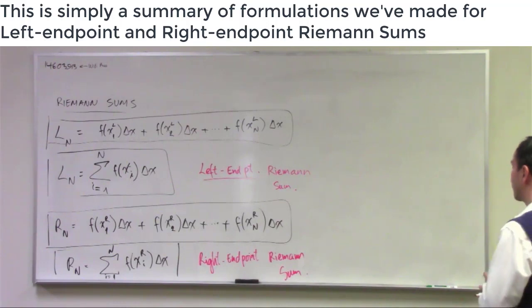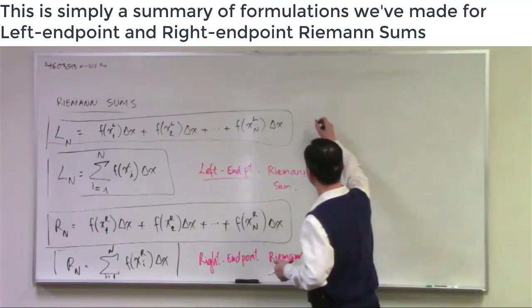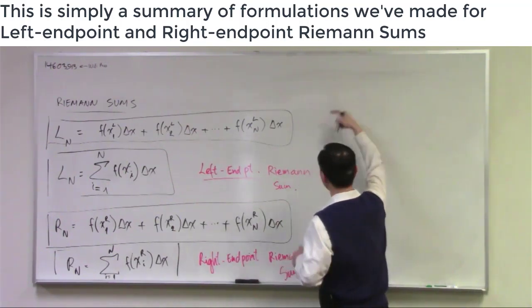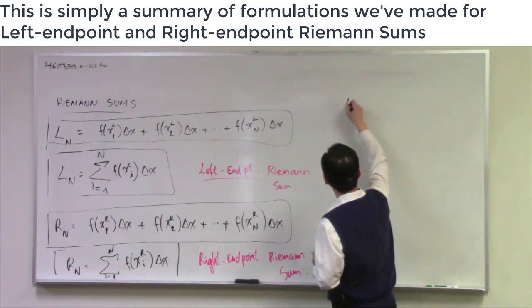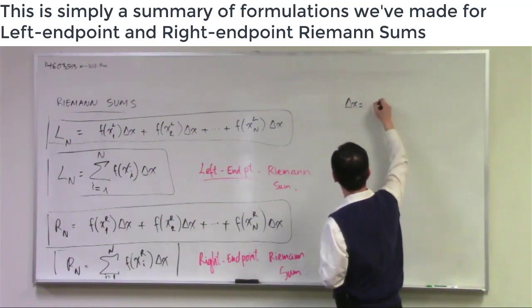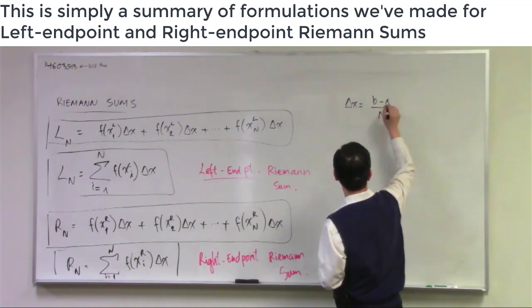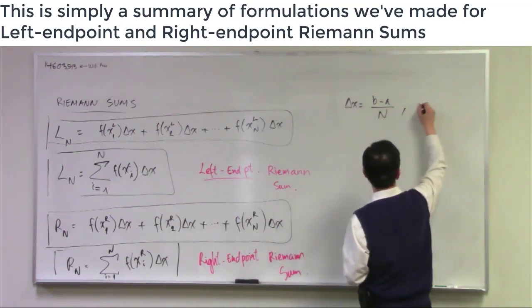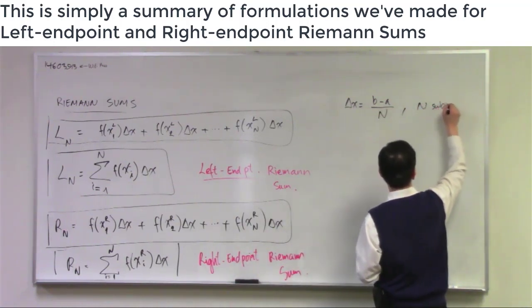And then for each one of these, for the left hand point right here, of course, for any of these, delta x, again as a reminder, is going to be the final point of the interval minus a, that is b minus a over n subintervals.